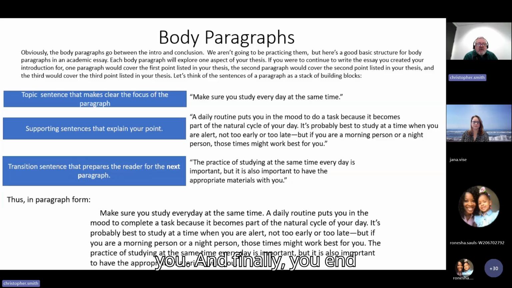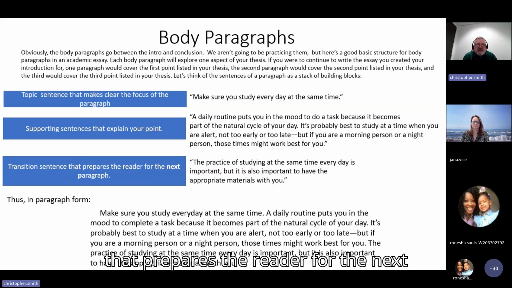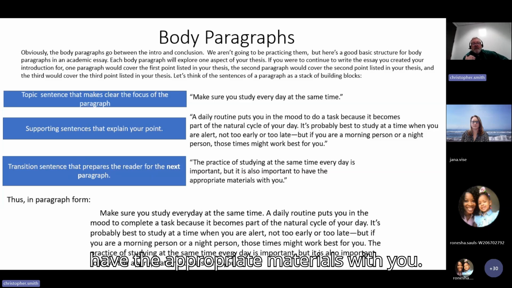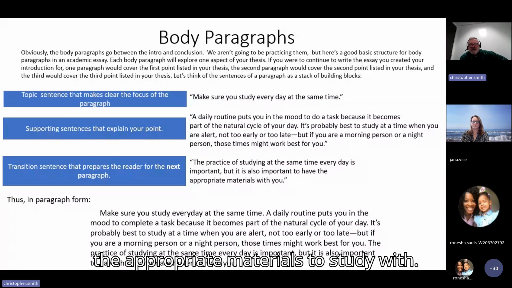And finally, you end your paragraph with a transition sentence that prepares the reader for the next paragraph. The practice of studying at the same time every day is important, but it is also important to have the appropriate materials with you. And that, of course, would lead into a next paragraph about making sure you have the appropriate materials to study with.